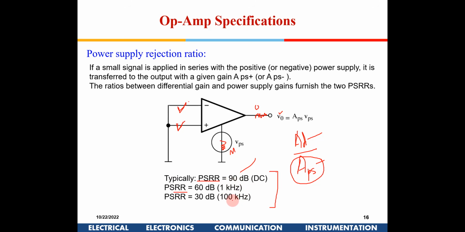Okay, it is basically the DC operating point of the transistors that gets changed, and for small signals it affects a large amount, whereas for high frequency it may not be able to follow that much.